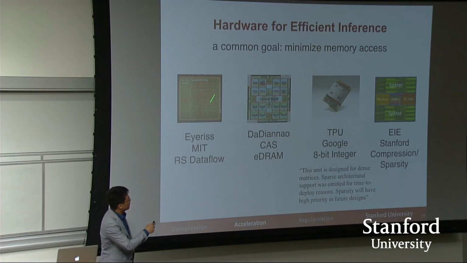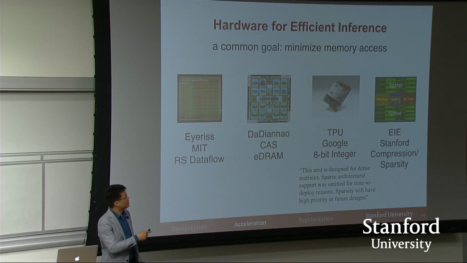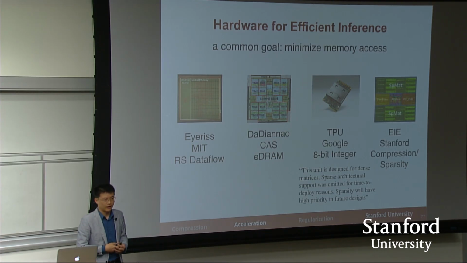There is a wide range of domain-specific architectures, or ASICs, for deep neural networks. They have a common goal, which is to minimize the memory access to save power. For example, Eyeriss from MIT uses the row stationary dataflow to minimize the off-chip DRAM access.